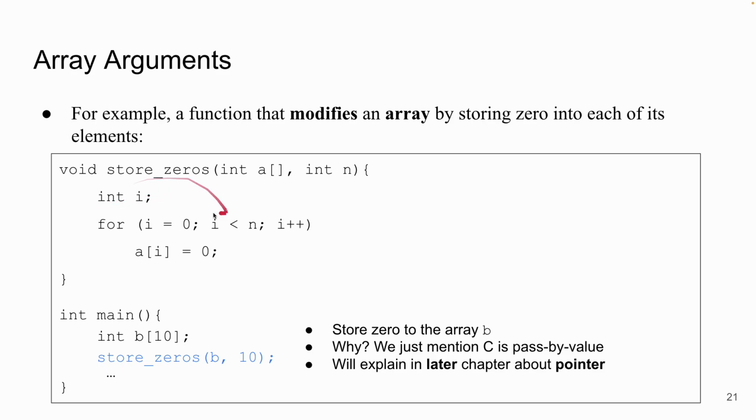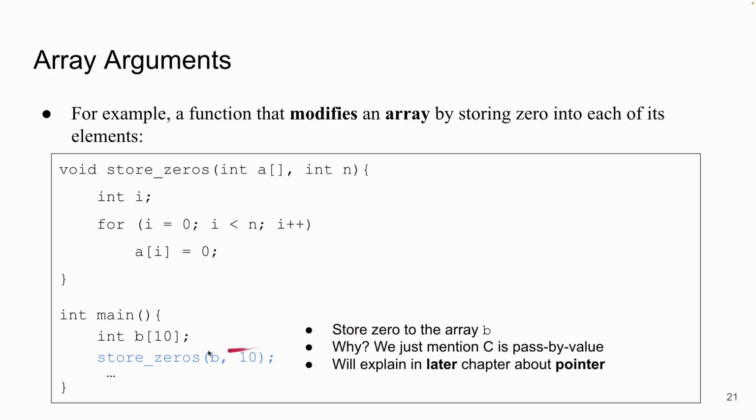We can see that in the function body, I have a for loop with an integer variable. What this for loop does is traverse the elements in the array A and assign 0 to each. Then in the main function, I can just call the store zeros function like this.